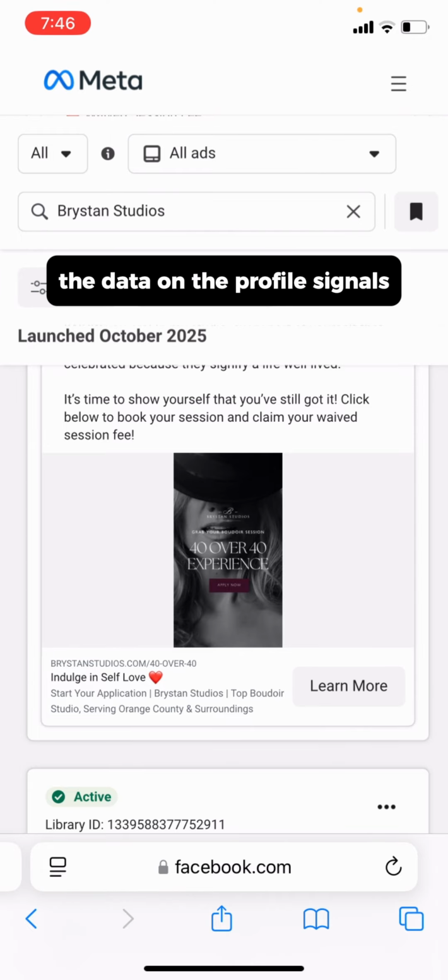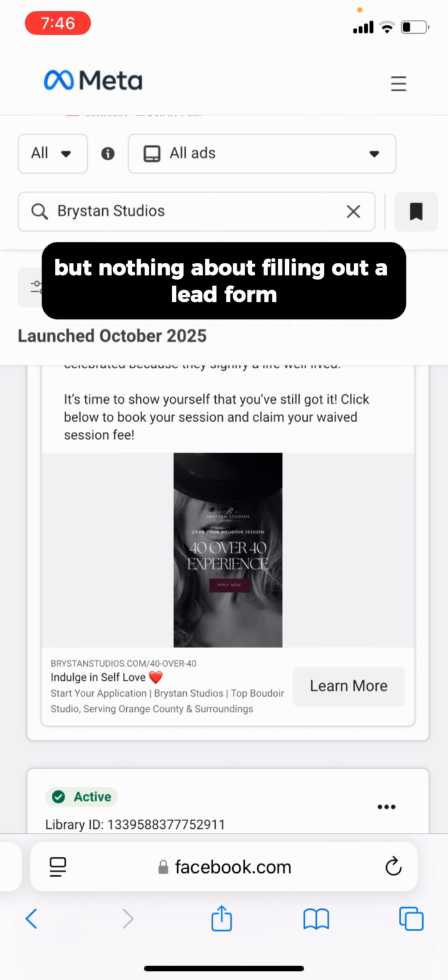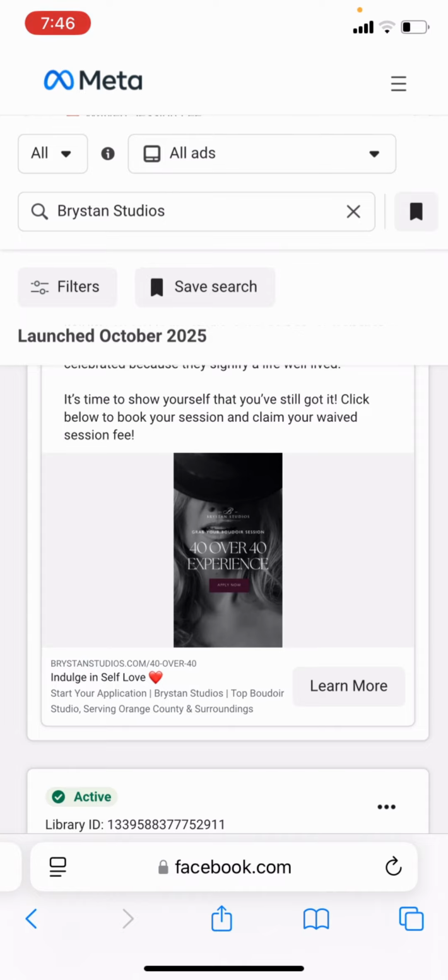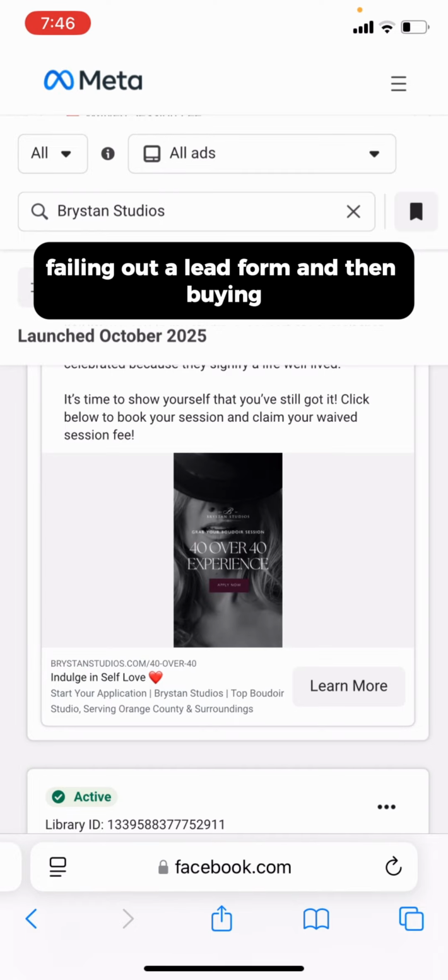The data on the profile signals they'll fill out a lead form, but nothing about filling out a lead form and then answering our phone, text, or emails. Nothing about filling out a lead form and then booking a call, showing up to a call. Nothing about filling out a lead form and then buying.